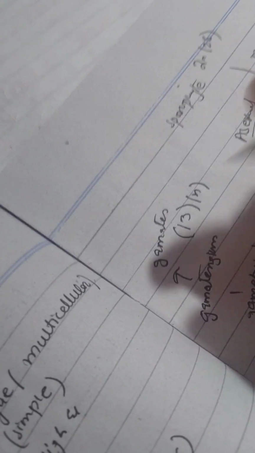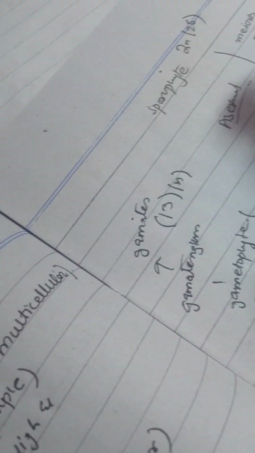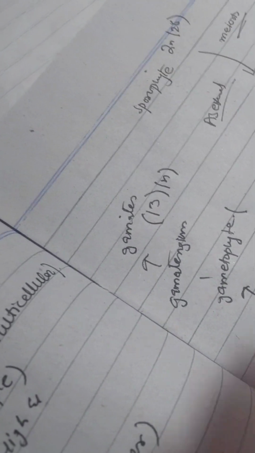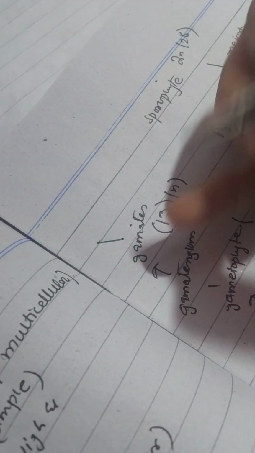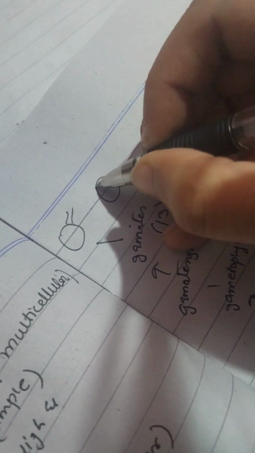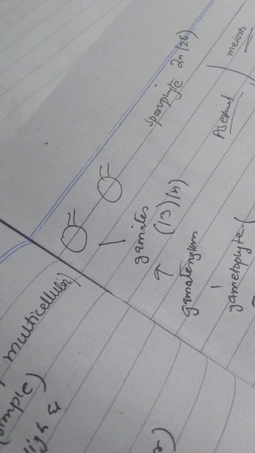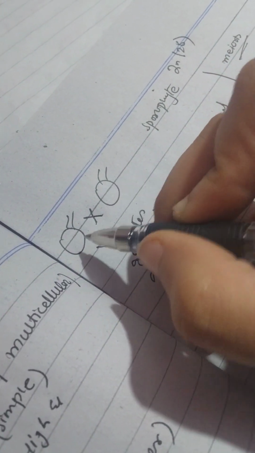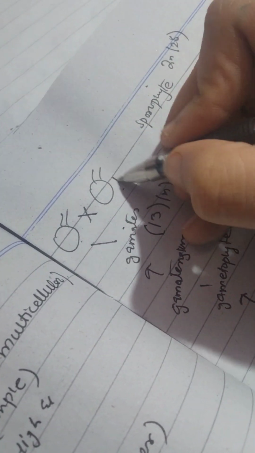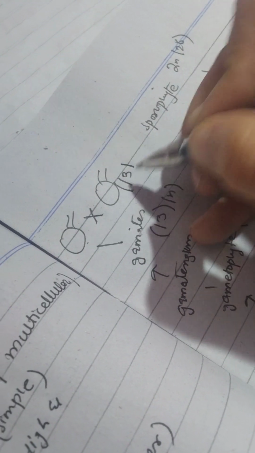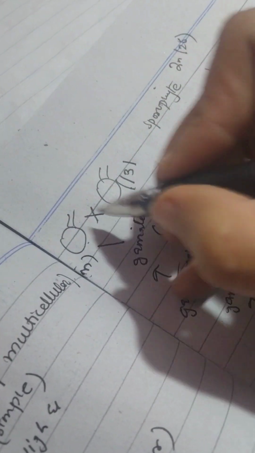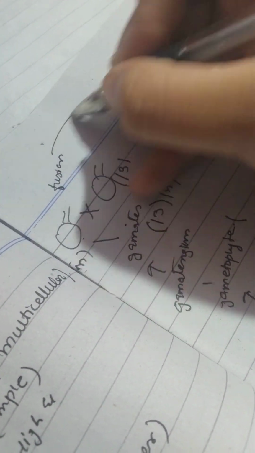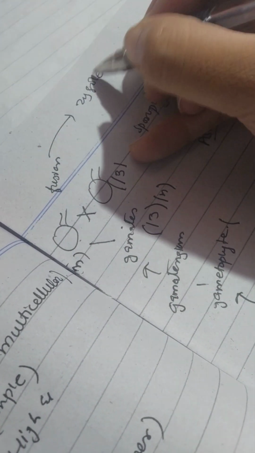Now basically there is a process of isogamy, or you can say syngamy. The gametes that are produced are biflagellated, and these biflagellated gametes are n in number. They do fusion and they produce a zygote.